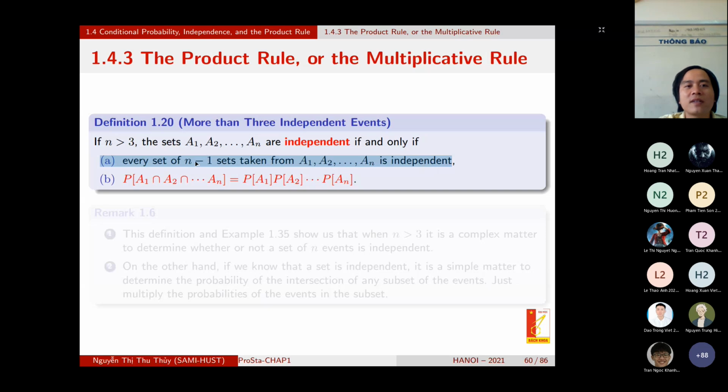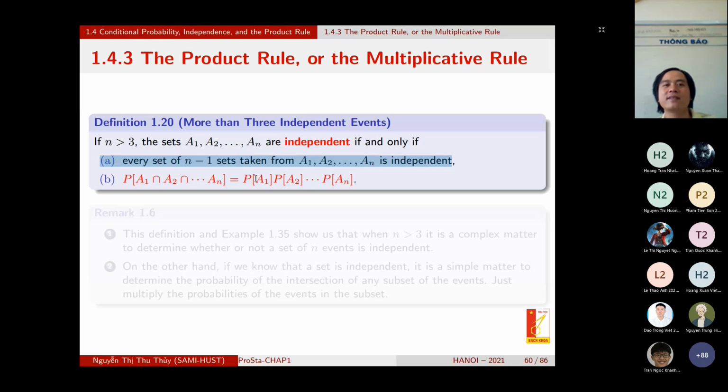For n minus 1 independent events, we need the definition of n minus 2 independent events, and for n minus 2 we need n minus 3. That means we go back to the definition of the case 3 and then the case 2.